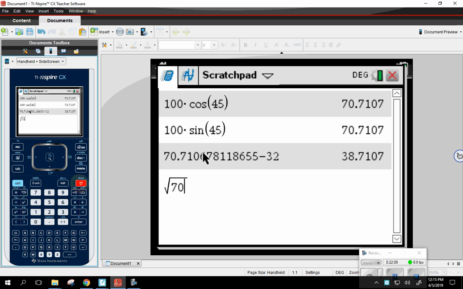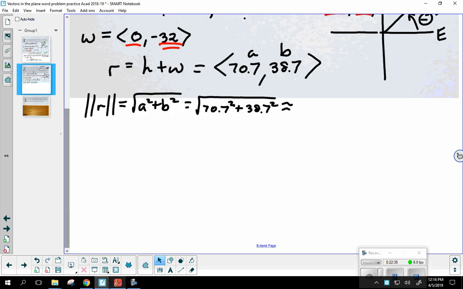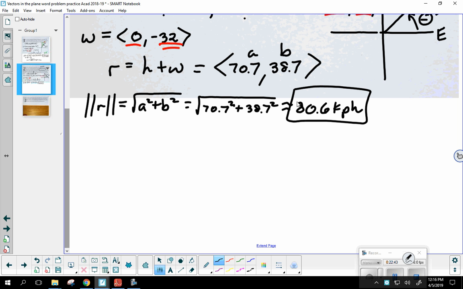So what should I be getting when I push enter? What are we getting? 80.6. Okay. I would say that's absolutely correct. 80.6 kilometers per hour. Now, how do I find the direction angle?